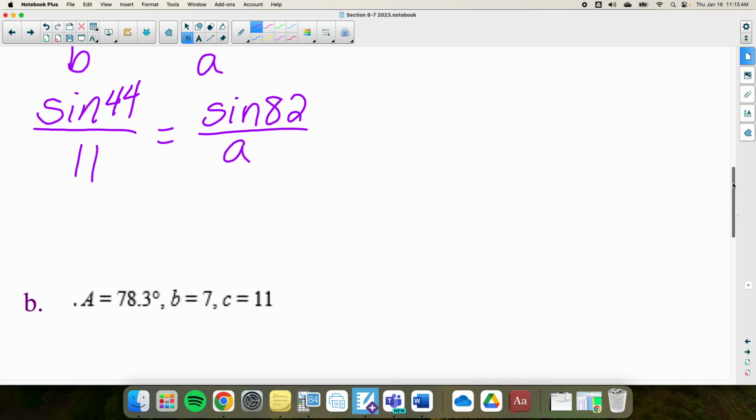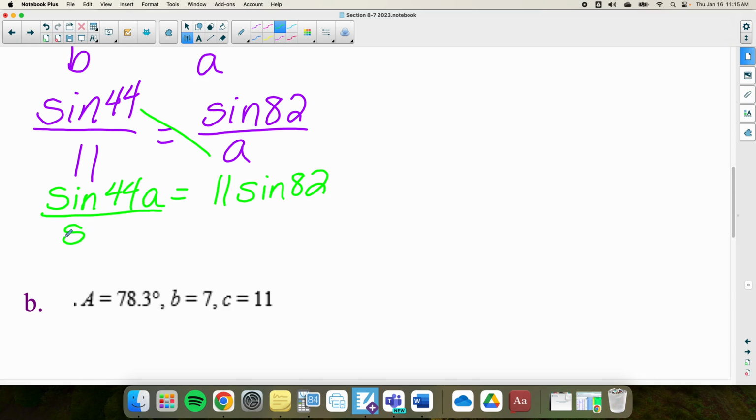If you remember law of cosines, we do cross products. So I have sine 44 times a equals 11 times sine of 82. Now, I'm solving for little a, so I would divide by sine of 44.